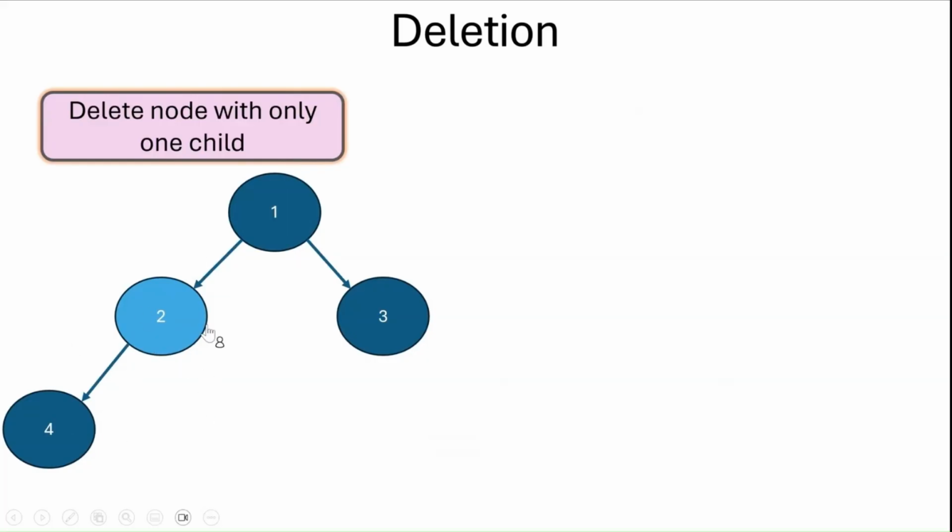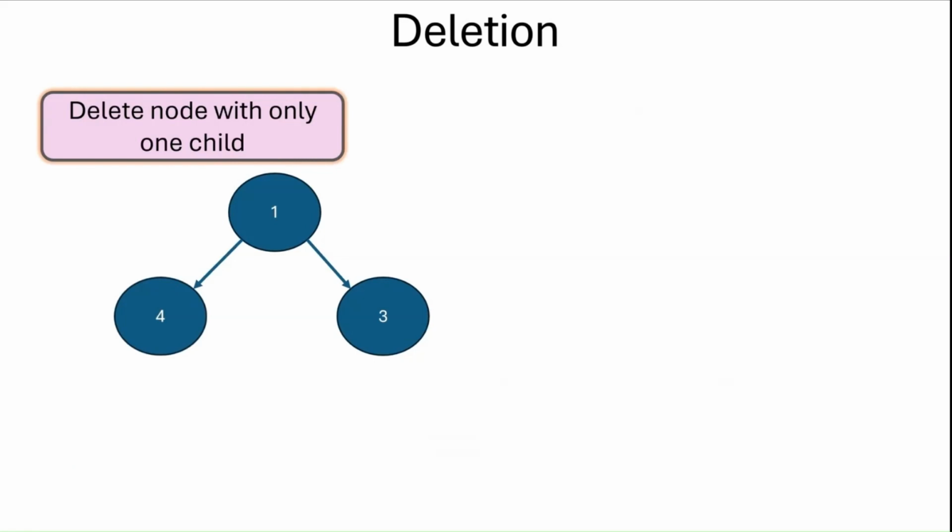Or if the deleted node is a right child of the parent, then we assign the child of the deleted node as the right child of its parent. Like this, we deleted 2 and assigned its left child as the left child of its parent, because the node we deleted was a left child of its parent.